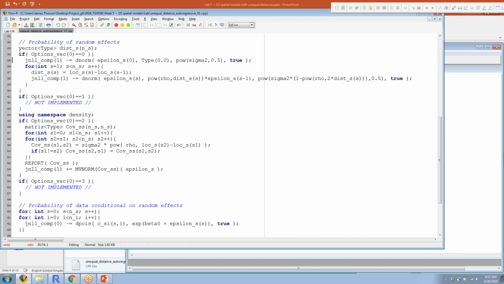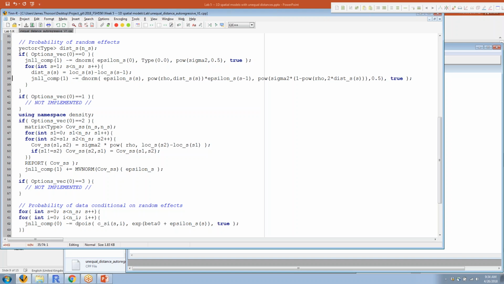So option 0 is just using elementary loops and functions that exist in the base TMB, where it's saying that the first random effect is normally distributed with the marginal variance. So why would I be doing the marginal variance as the variance of that first random effect?